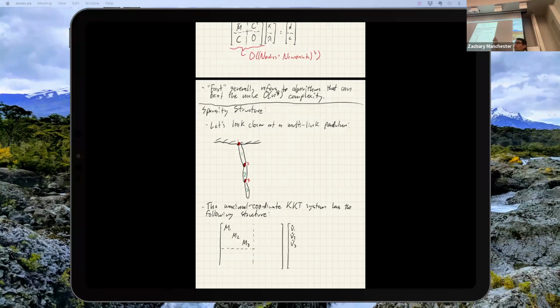So we've got lambda 1, lambda 2, lambda 3 for each of those joints, right? And obviously we've got the MA stuff. And down here, we've got these constraints. So the first one, it's bolting you to the world frame, it only depends on the accelerations of the first link, right? So that block just shows up in this spot.